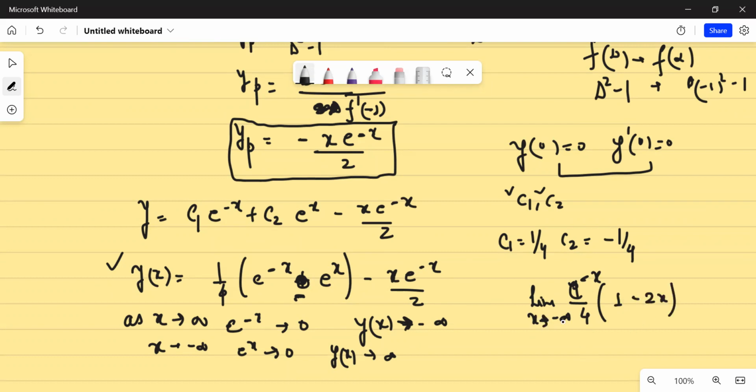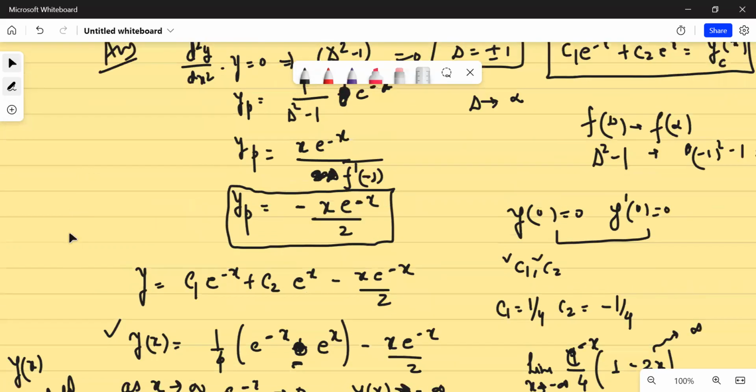So you can see that as x tends to minus infinity, this entire term is going towards infinity. And this is also becoming infinitely large. So overall, this entire term, when summed up, will be an infinitely large quantity. So I cannot write that y is bounded. Rather, I can say that y is unbounded. Is that clear?